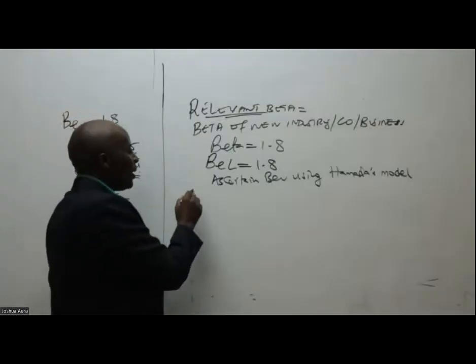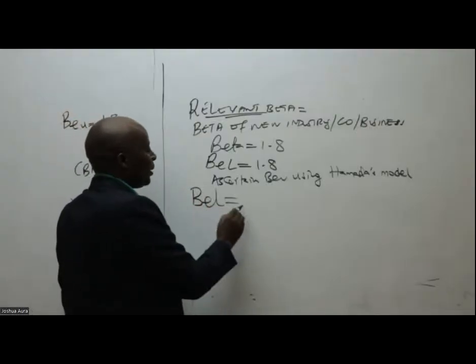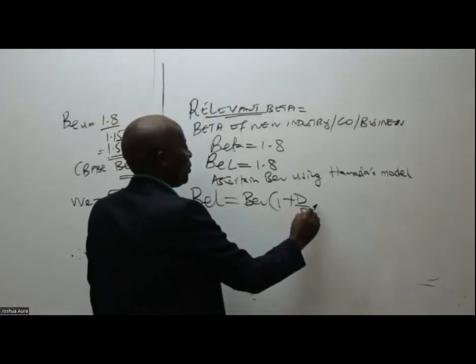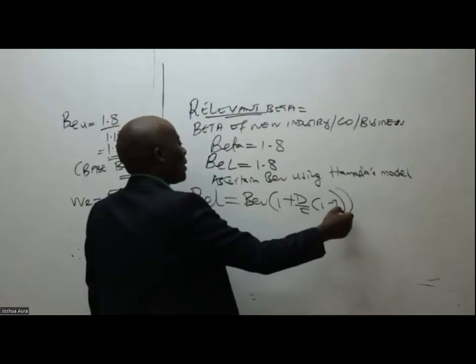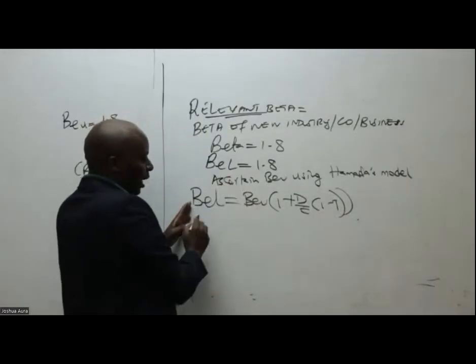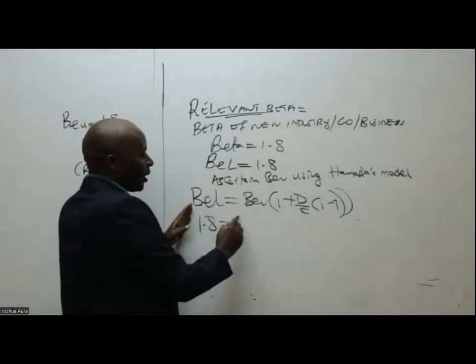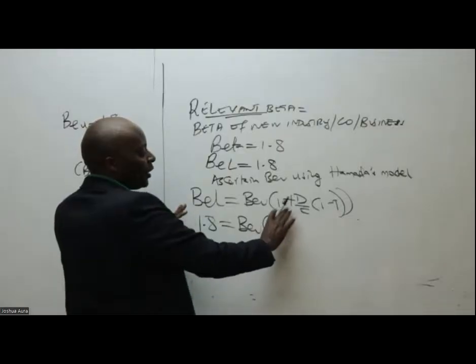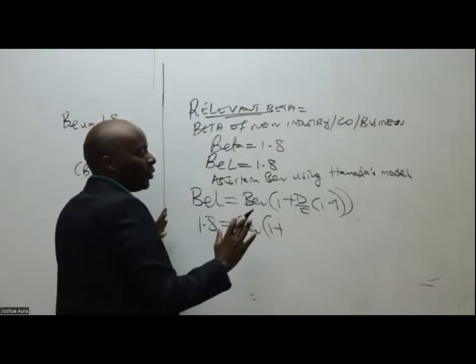So this is how Hamada's model looks: BEL equals BEU times 1 plus debt to equity ratio, times 1 minus tax. So whatever we have here is our BEL, 1.8. BEU is what I'm looking for. Remember, everything here is about the new business, the new industry.